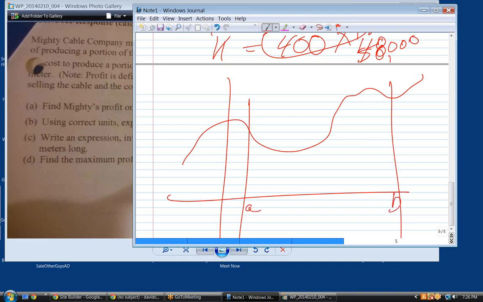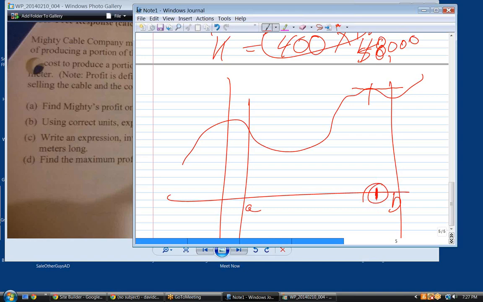Well, it's not that easy to figure out without calculus. What we know is that maximum occurs when the slope of the tangent line is 0. So if we take the derivative of this function, set it equal to 0, we're going to solve for this point right here. So I'll know that at 400 is where that profit function is a maximum.